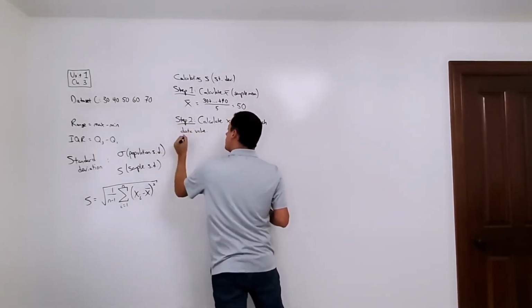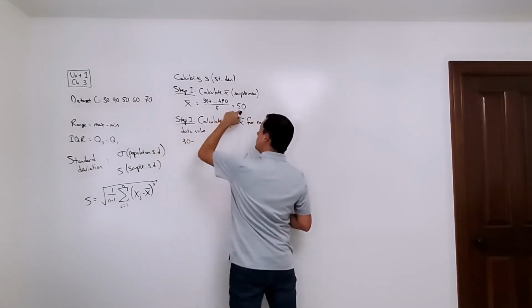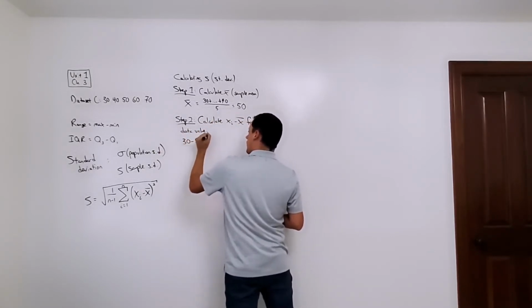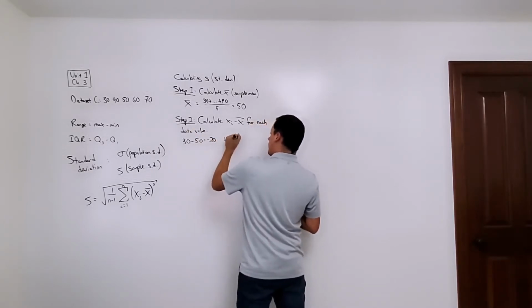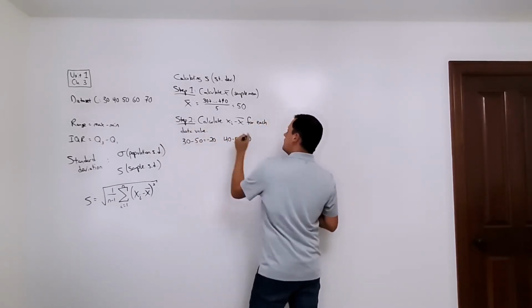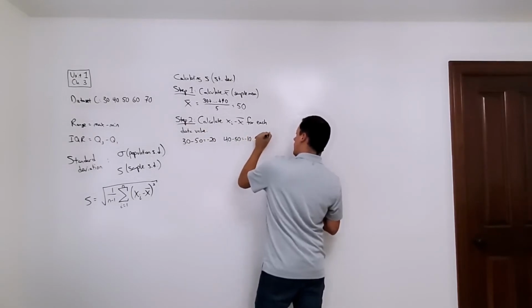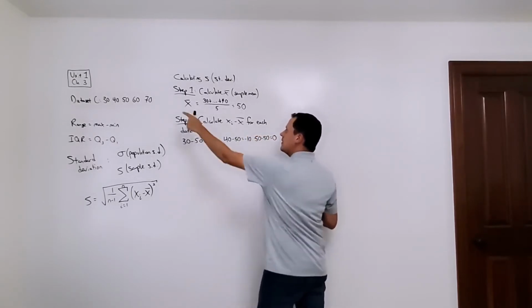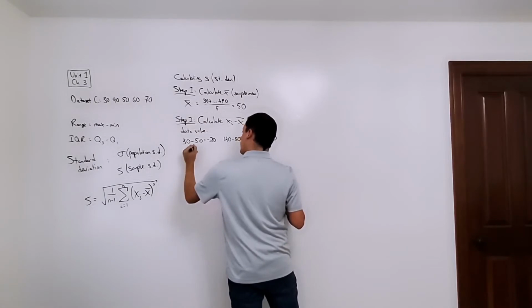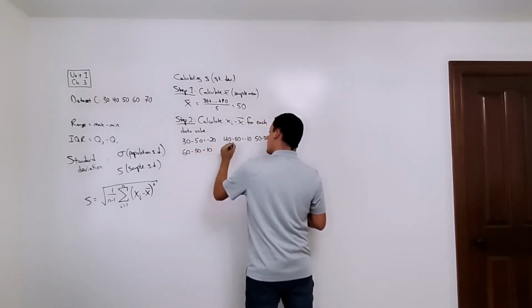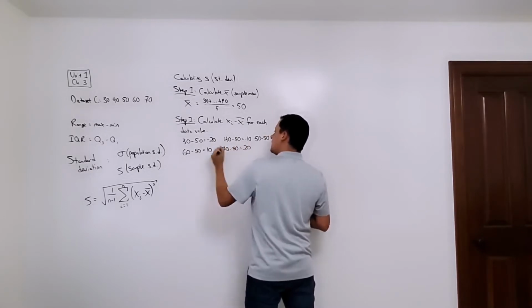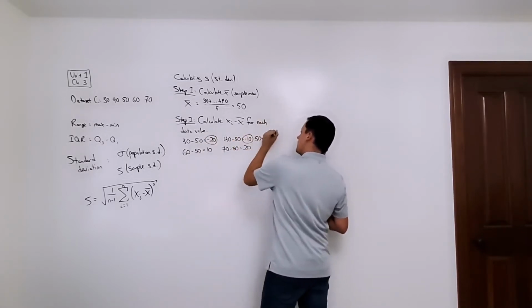So we've got 30 minus the mean, 40 minus the mean, 50 minus the mean, that's going to be 0, 60 minus the mean is 10, and 70 minus the mean is 20. So we get these values here.